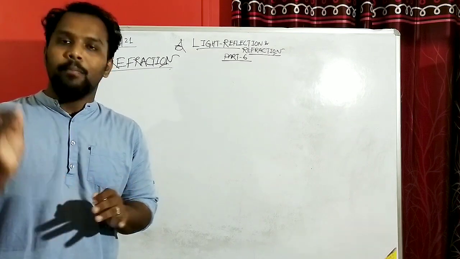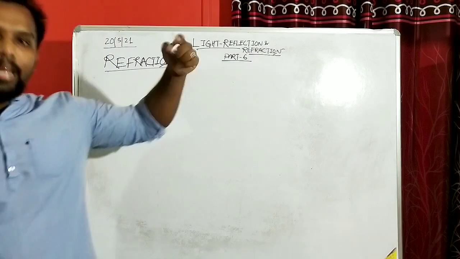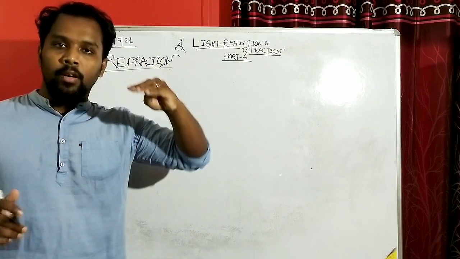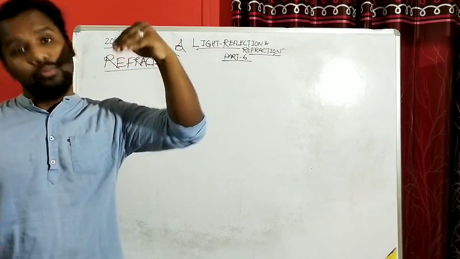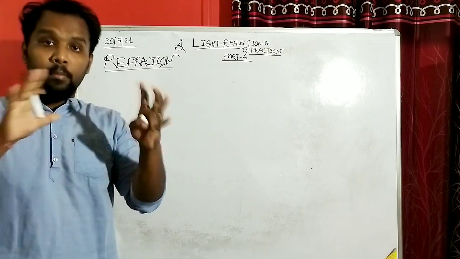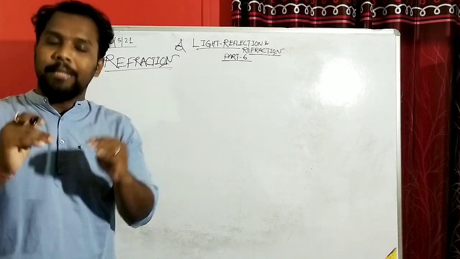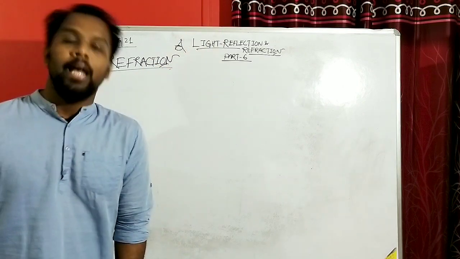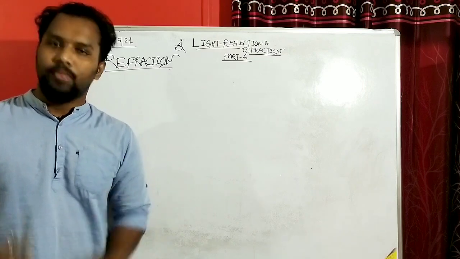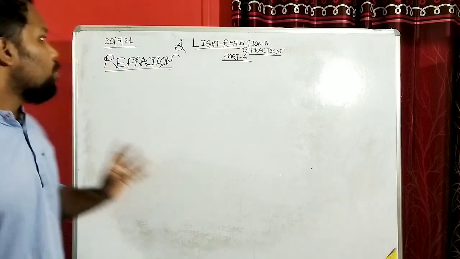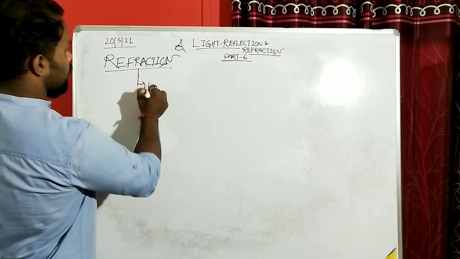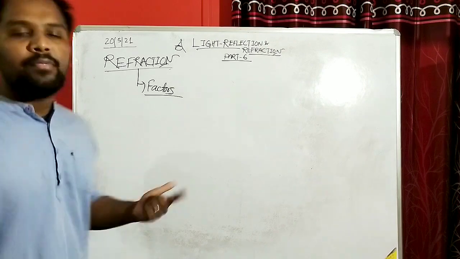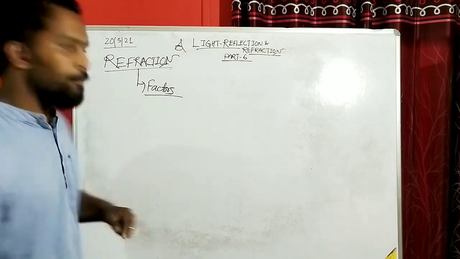Refraction is nothing but the bending of a beam. When a ray is incident on the surface of a certain medium, and after getting incident it tries to move through that medium, depending on the nature of that medium, it moves towards or away from the normal. That is the main phenomenon known as refraction. Now we will see the factors on which refraction depends.